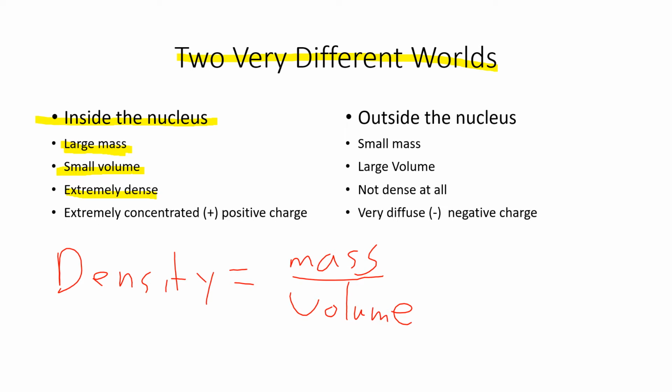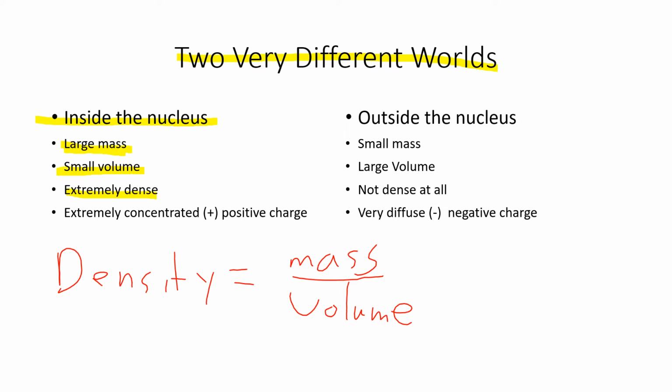What you're also going to find in the nucleus, we said protons and neutrons are in the nucleus. We know protons are positively charged. Neutrons are electrically neutral. So I have all of those protons with positive charge jammed into that very small space in the nucleus, that very small volume.